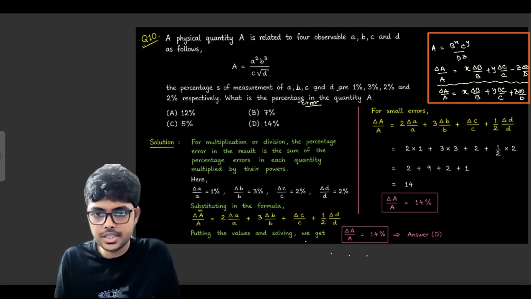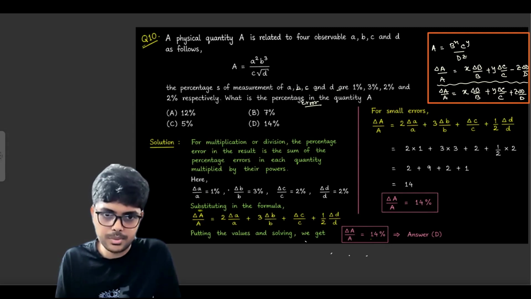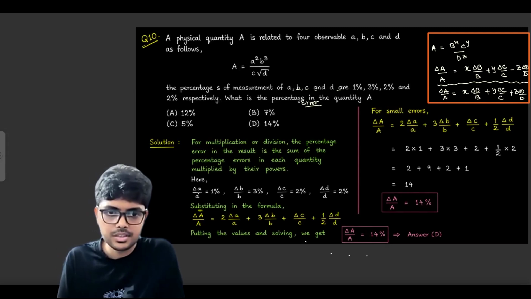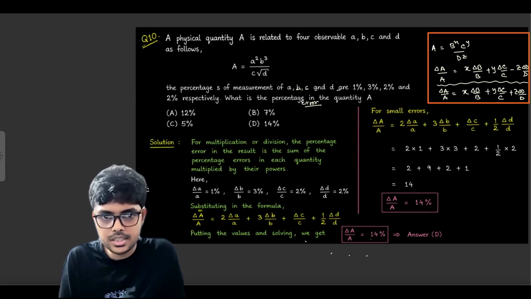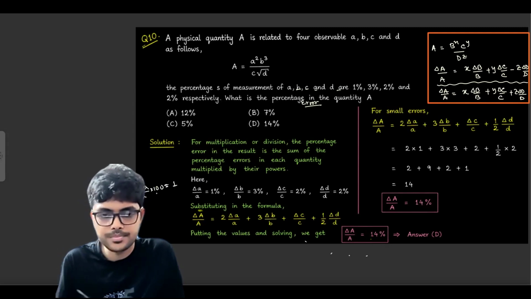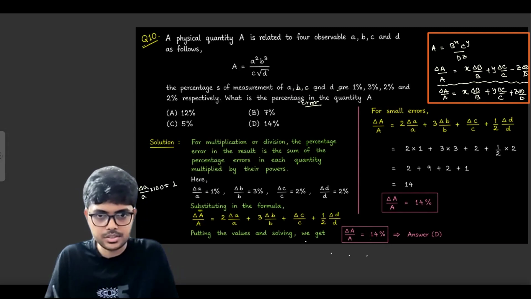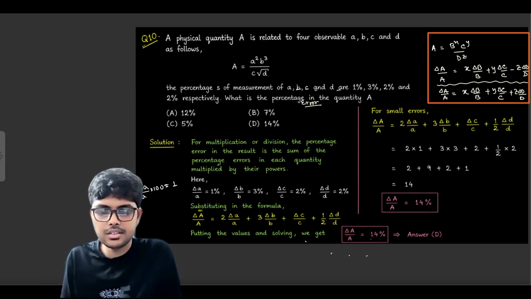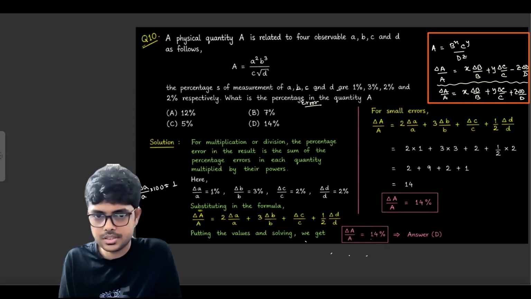Now del D by D is given as 2%, and likewise del C by C, del A by A are given. Actually del A by A being 1% means del A by A into 100 equals 1. But for ease of calculation you can just write it like this, 1%.